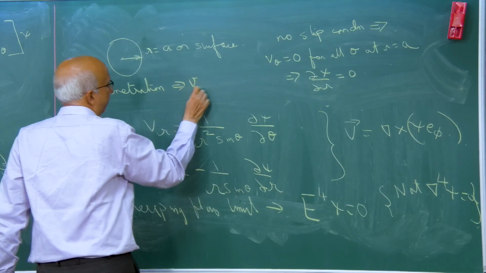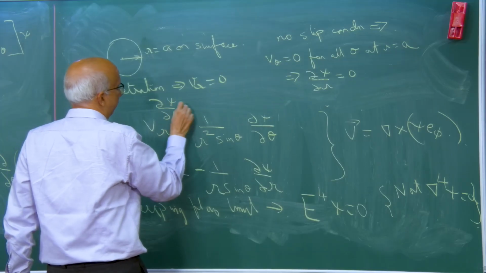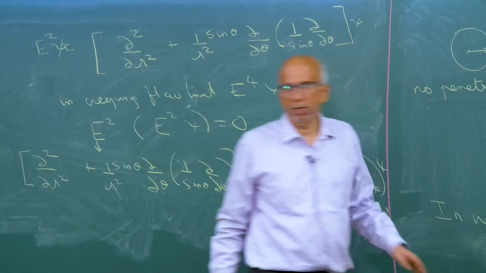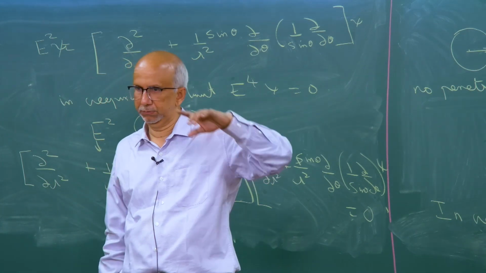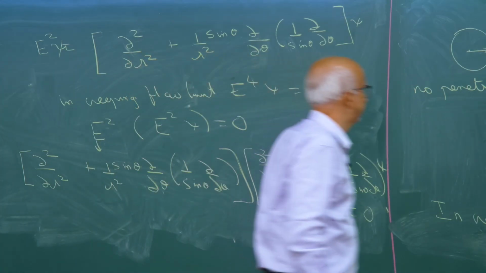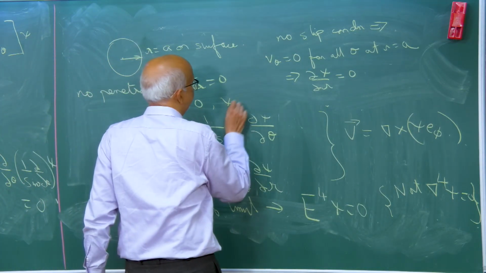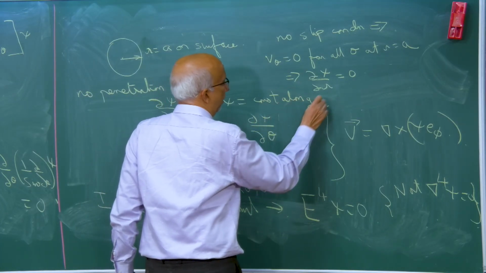Implies Vr equal to 0, which means d psi by d theta is 0. Along the surface, psi is not changing. Okay. Psi is constant along the surface.